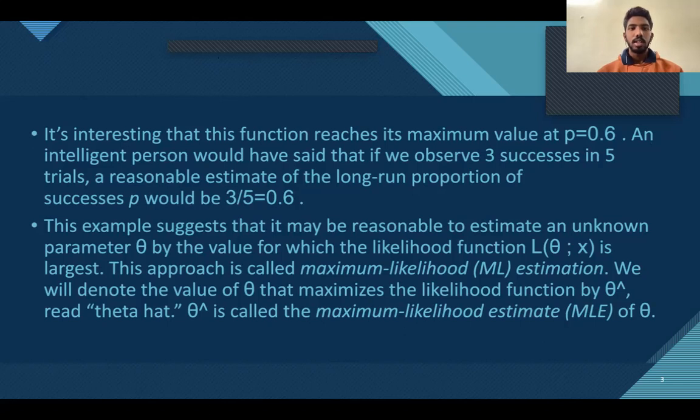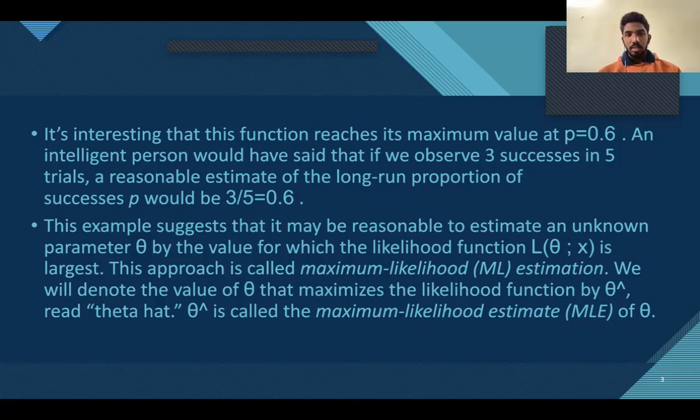This example suggests that it may be reasonable to estimate an unknown parameter theta by the value for which the likelihood function L(theta; x) is largest. This approach is called maximum likelihood (ML) estimation. We will denote the value of theta that maximizes the likelihood function by theta hat.